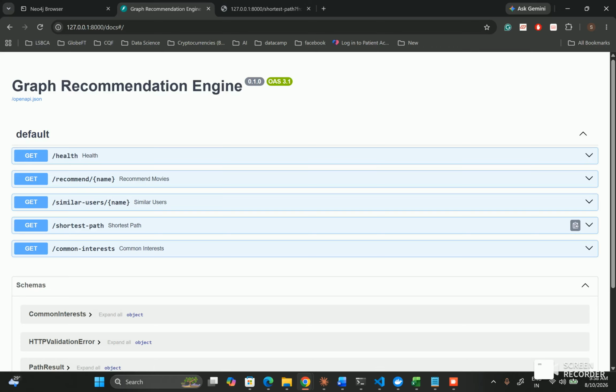See this, the graph recommendation engine. So this is the complete project. A real graph database, 4 working traversal features, and a live API, all explained file by file.